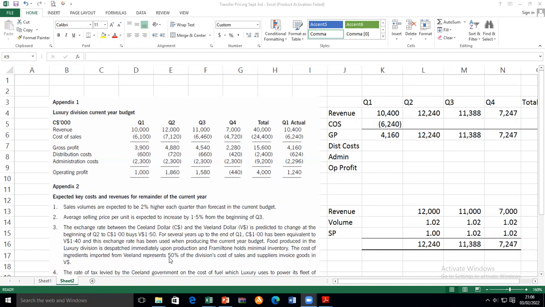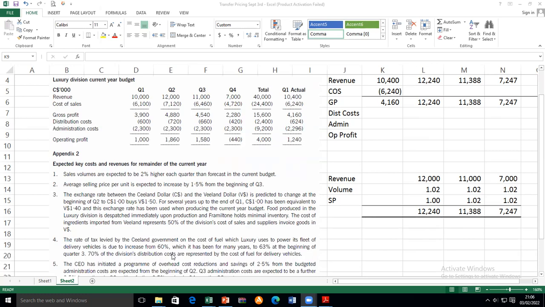So then, what do we do? Interpretation. $1 is 1.5. For several years, at the end of Q1, $1 was 1.4. So how did you convert the $V to $C?